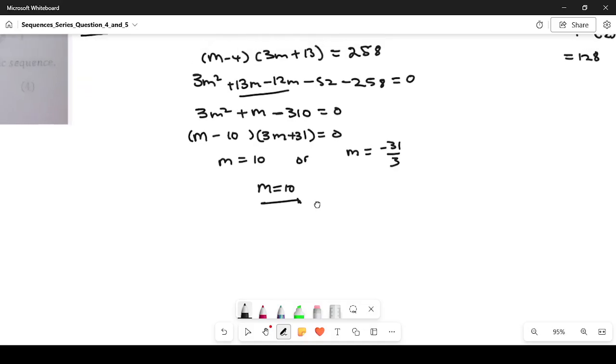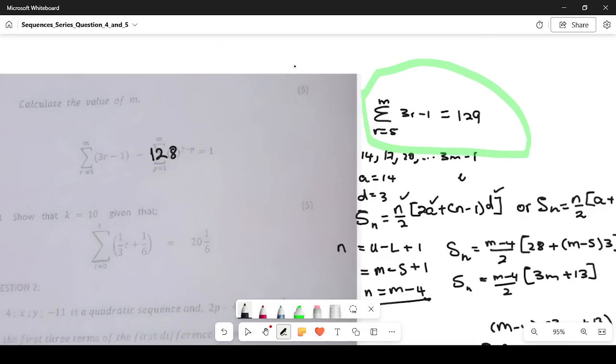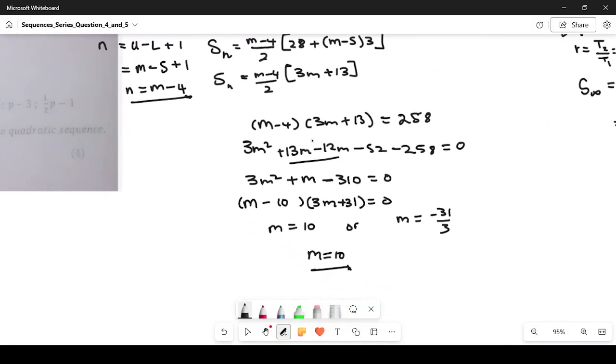And you can double check that. Let's go back to our original problem. We know that this sum is 128, right? So to find your answer, we need to have at least another sum that is one more value. In other words, this is expected to be 129 minus 128. So you can just double check whether really your m is 10.